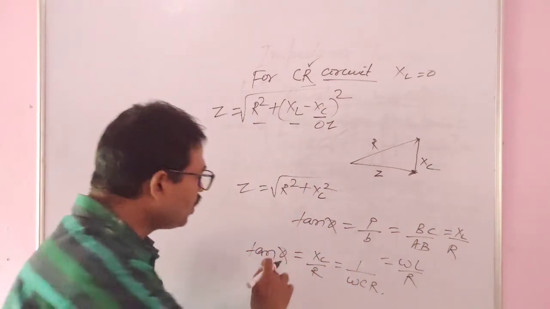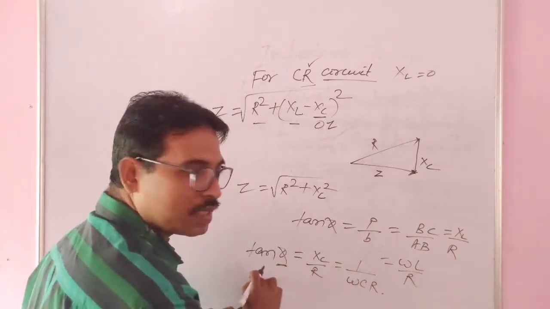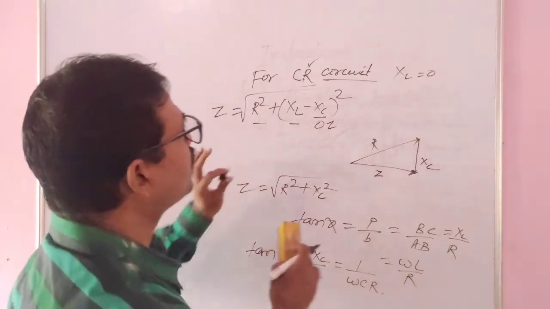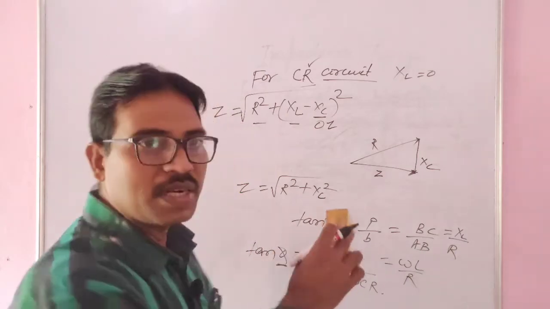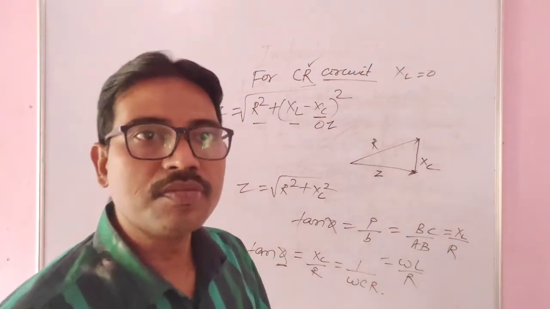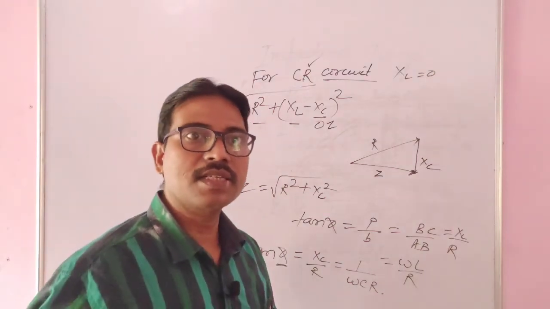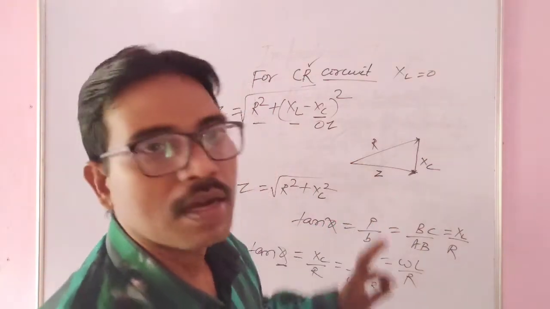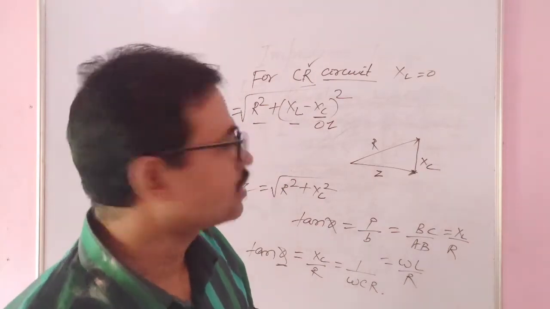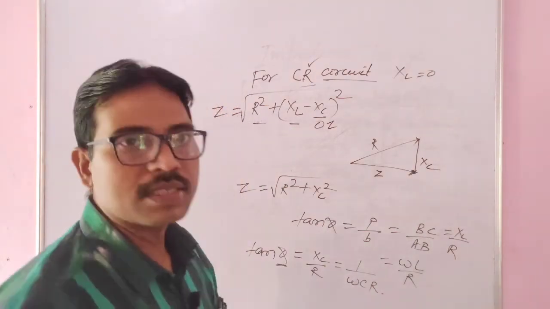If you want to find phi, it becomes tan inverse of this. So the impedance triangle is over. The triangle that consists of impedance, resistance and the difference between the two reactances is known as the impedance triangle.